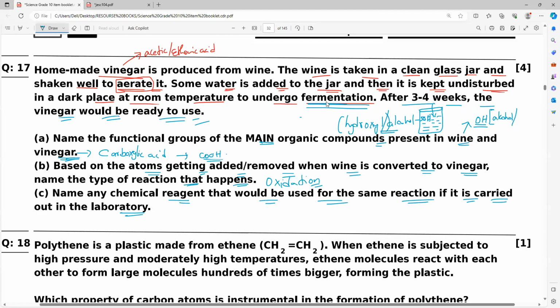What is the example we studied? Ethanol to ethanoic acid. What is the name of the reaction? Oxidation. Then what chemical reagents do we use in the laboratory if you want to convert it?